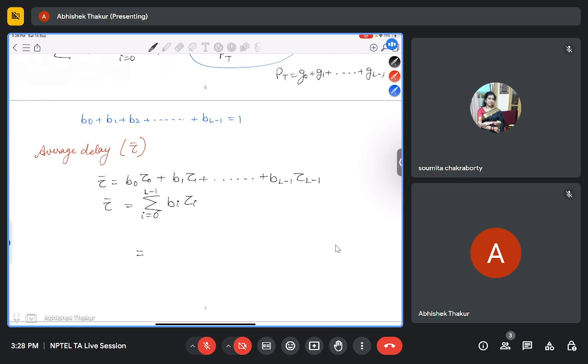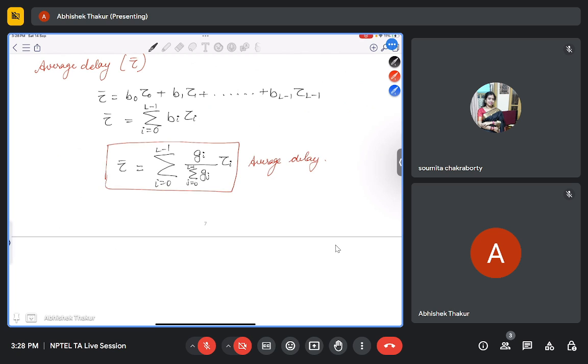We can write this with Bi as Gi divided by summation of j equal to 0 to L minus 1 of G of j, times tau i. So this is our average delay. This formula is for finding the average delay. Now our aim was to find the RMS delay spread.